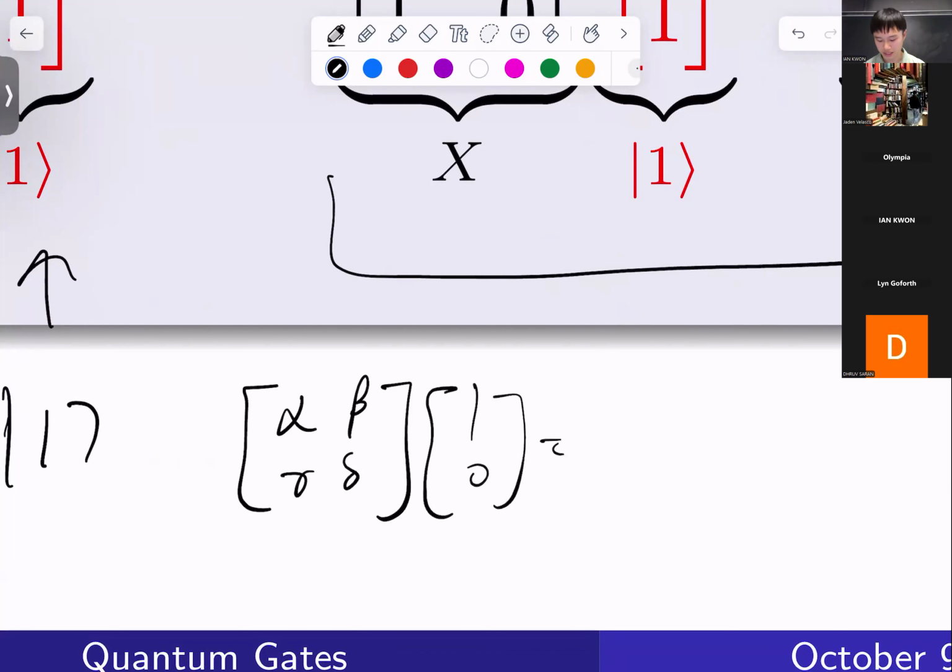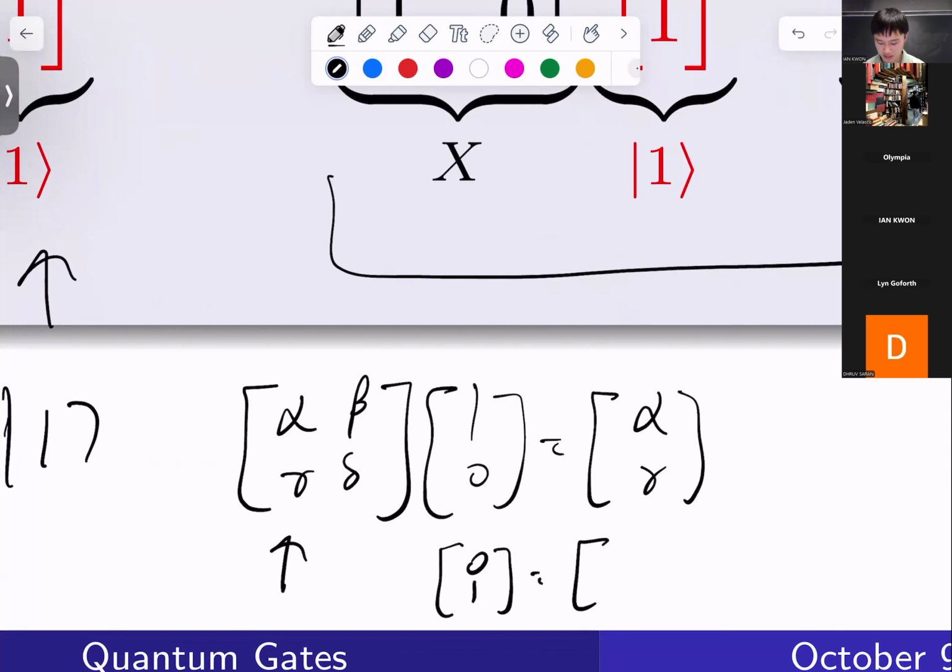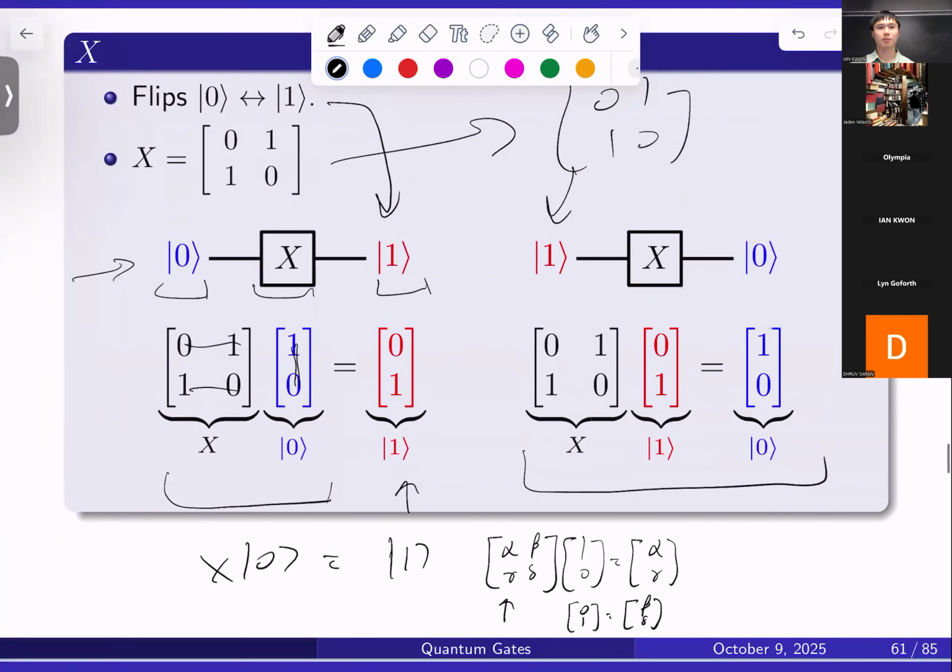If you perform the multiplication, you get alpha, gamma, which is the first column. If you do it with 0, 1, you get beta, delta, which is the second column. So you can read out what a gate does from its matrix form. Here, 0 goes to the 0, 1 vector, which is the ket 1 as a vector. So 0 goes to 1, and the second column says that 1 goes to 0.